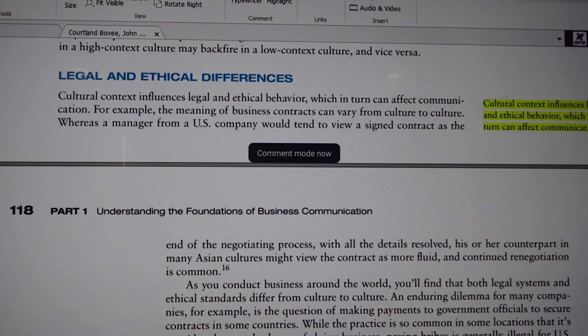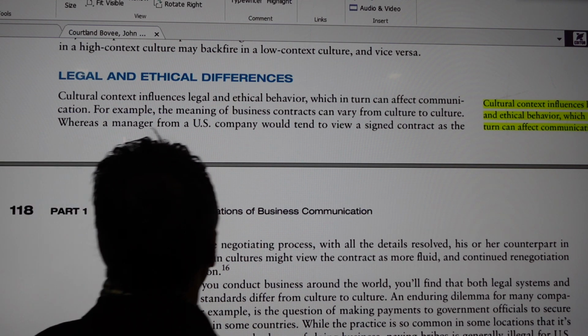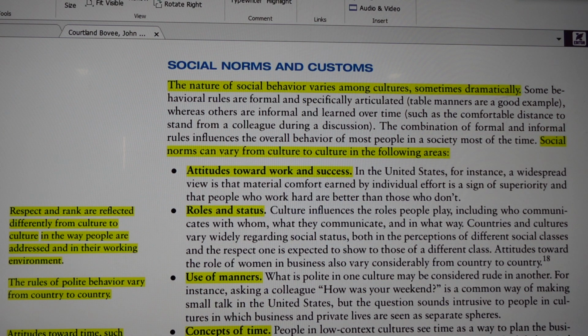In different cultures, laws are different. The conceptions of what is right and wrong may be different. In the same way, there may be social norms and customs differences.